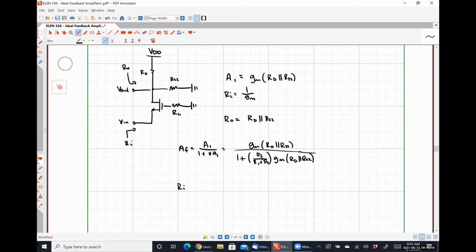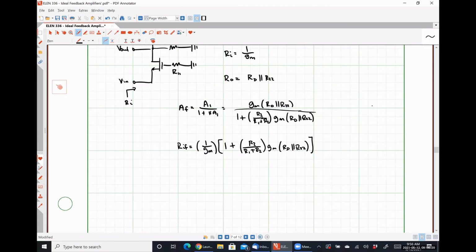Our input resistance with feedback is just 1 over gm times 1 plus KA1. And our output resistance with feedback will be RO, which is RD in parallel with R22, divided by 1 plus KA1.